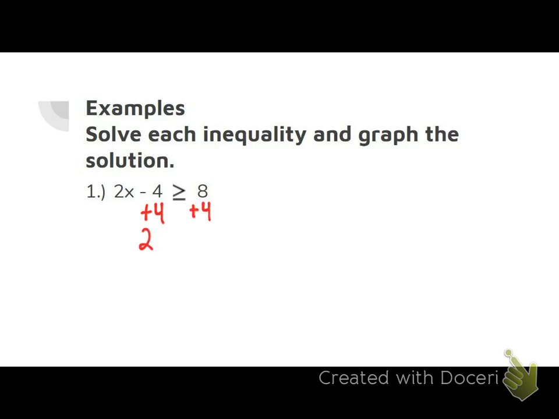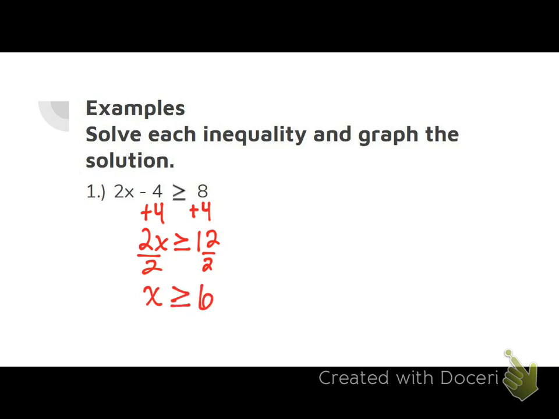That gives me 2x is greater than or equal to, careful, what is it? 12. Okay, I kept hearing 4s and -4s. Divide by 2. 6. X is greater than or equal to 6.